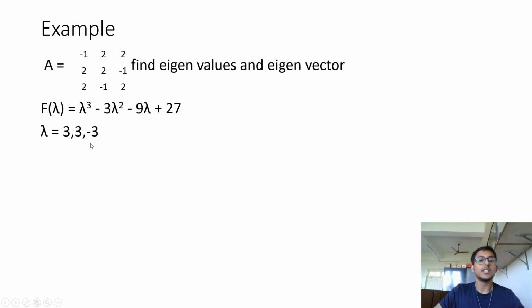So since there are only two unique eigenvalues for this particular matrix, you cannot simply say that this matrix has only two linearly independent eigenvectors. There can be three also, and that's what we will see now.